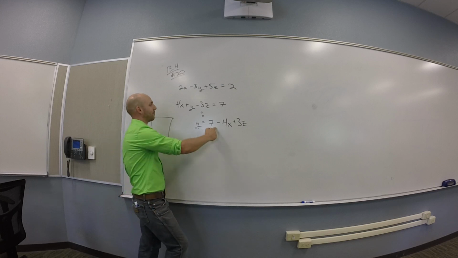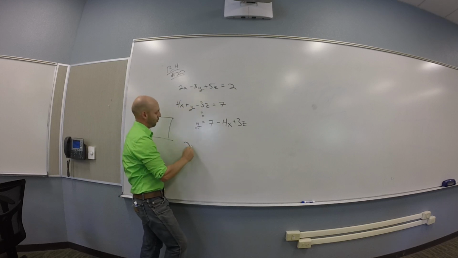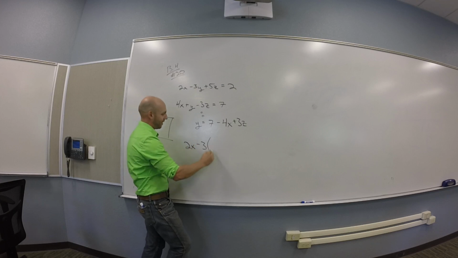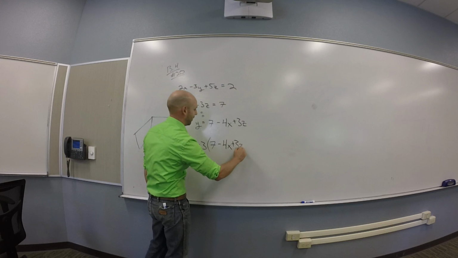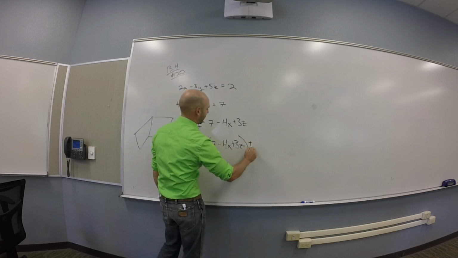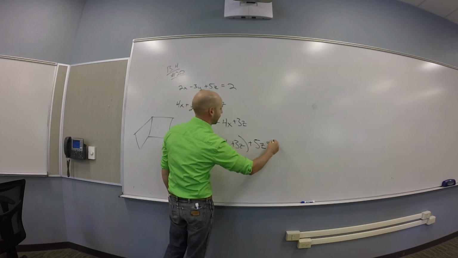And then I can cram this into the first one. So then I'll have 2x minus 3 times (7 minus 4x plus 3z) plus 5z equals 2.